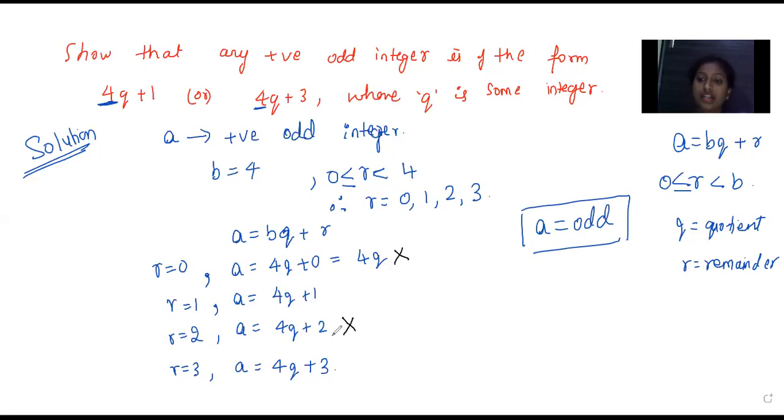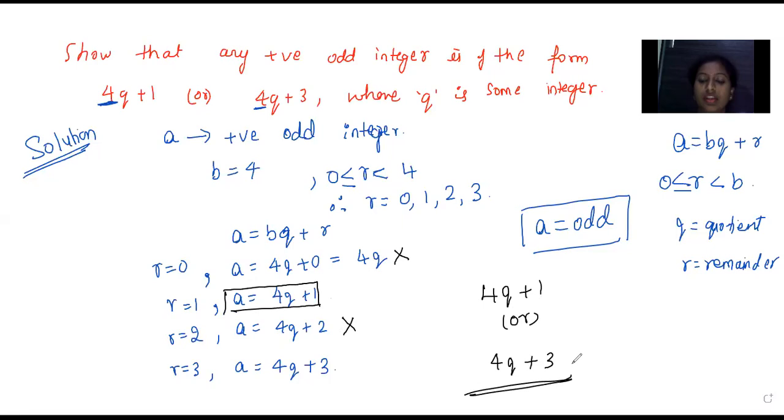That is why a cannot be 4q and a cannot be 4q plus 2. So the remaining values are: a can be either 4q plus 1 or 4q plus 3. That's it. Therefore, any odd integer can take the form 4q plus 1 or 4q plus 3. Clear? Very simple.